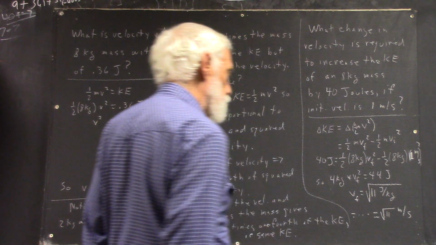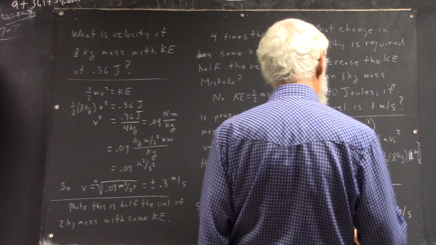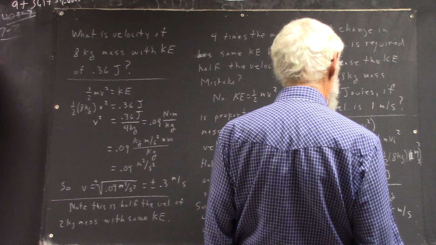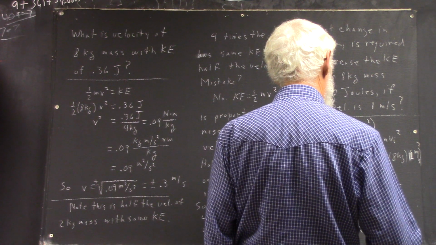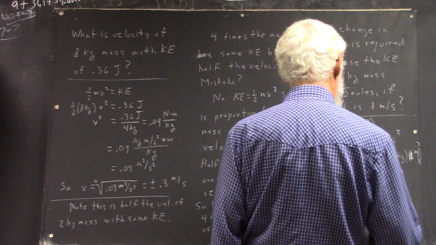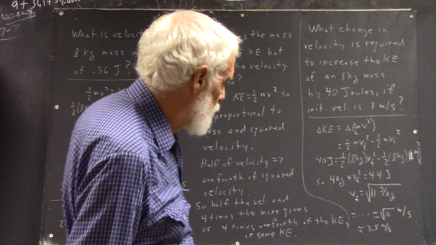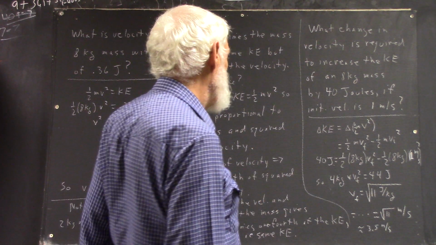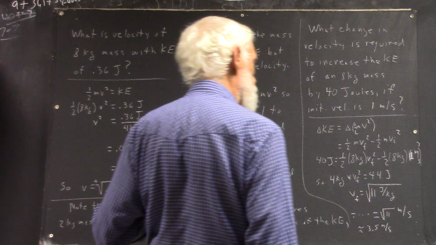It comes out square root of 11 meters per second, which is approximately 3.3, 3.4, I think it rounds to 3.5 meters per second. Okay? So that's pretty straightforward. So what's the change in velocity?